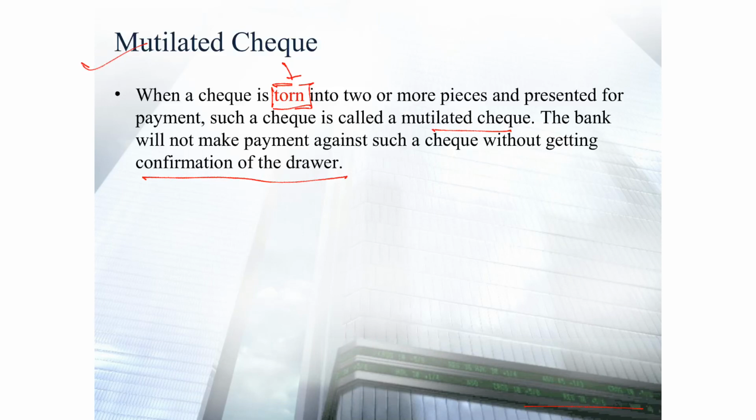We know in our present day life, some checks and some money get torn because of several uses. If the check is torn into 2 or more pieces and presented for payment, it is called a mutilated check. The bank will not make payment without confirmation of the drawer. So drawer confirmation is very important from a mutilated check point of view.